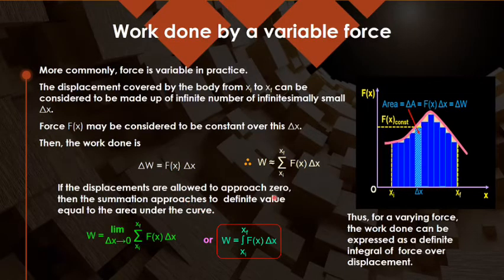If these intervals are approaching 0, the summation can be replaced by the integration. When I have taken the intervals very small, I can write work done as the integral of F dx, from initial position xi to final position xf.